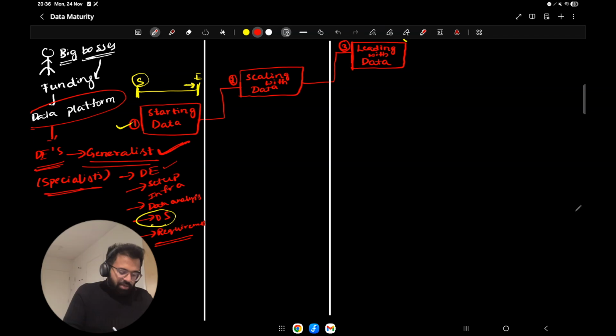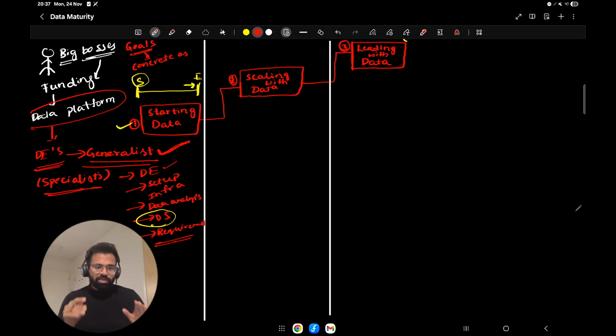Of course, some initial goals will be defined, but those won't be as concrete as in matured data platforms. So you need to be completely aware that these are still vague goals. So that's a little bit of a risk factor.